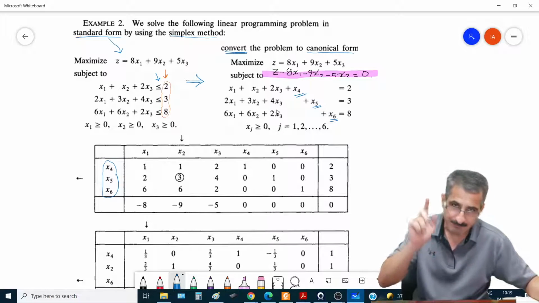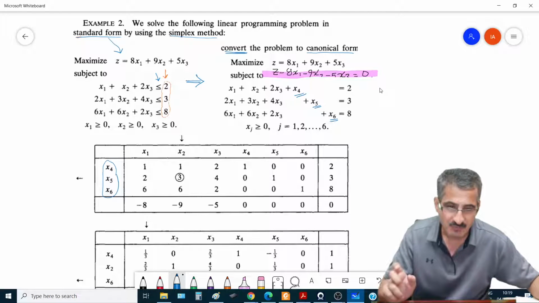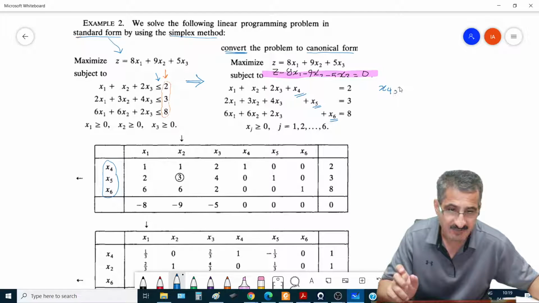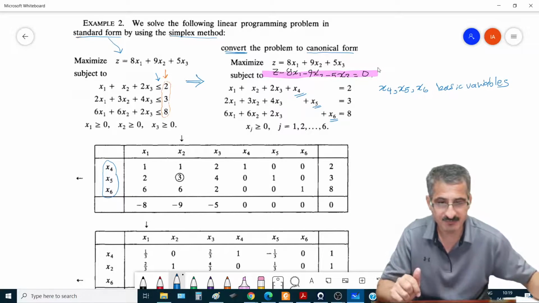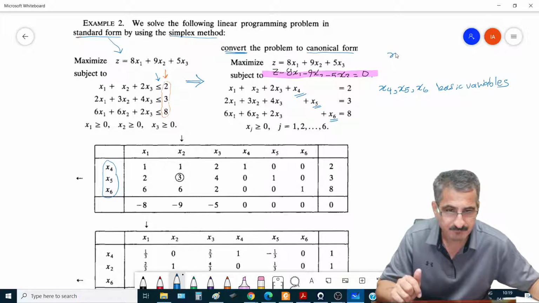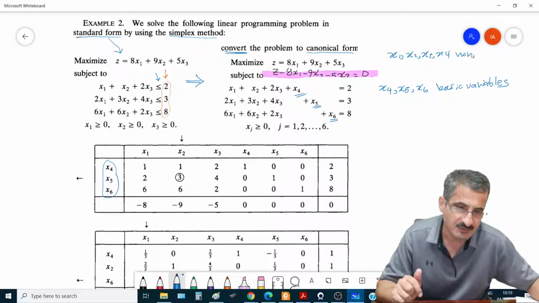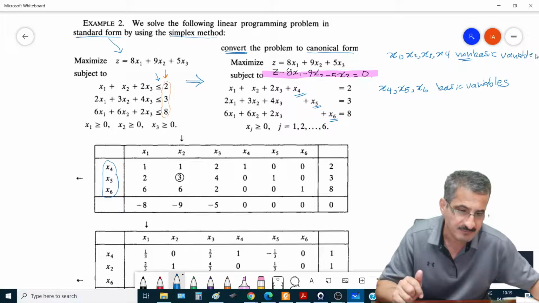You remember the basic and the non-basic variables? We will choose the slack variables x4, x5, x6 to be the basic variables. And the other variables x1, x2, x3 are the non-basic variables.